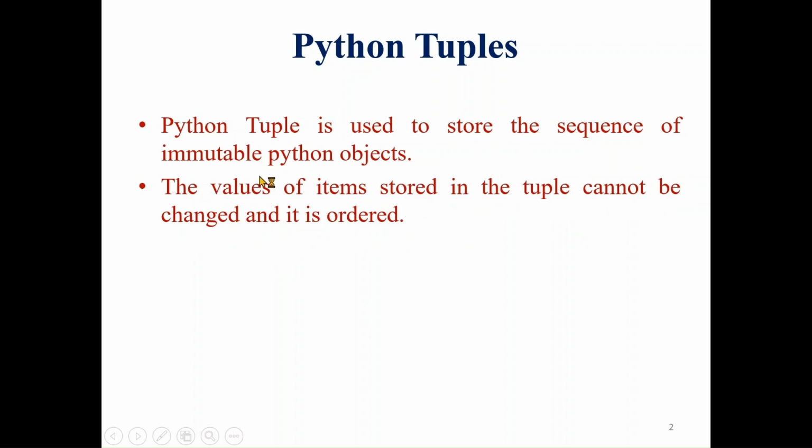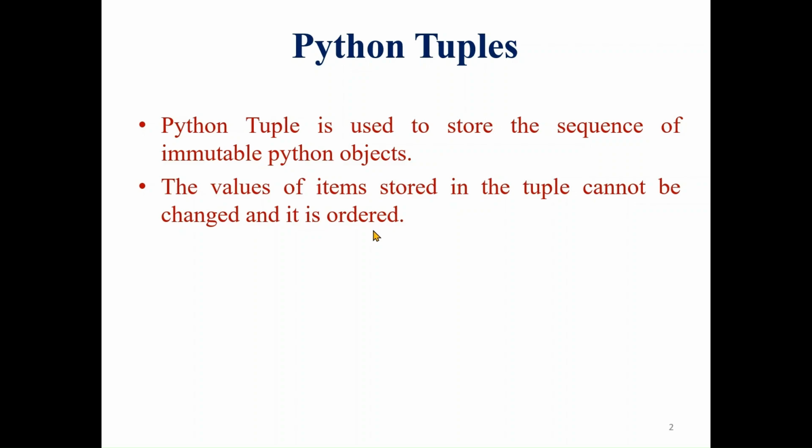So as I was saying, immutable, we cannot change the tuple values, and it is ordered. That means if you frame a tuple in a sequence such as 1, 2, 3, 4, 5, 6, you will get the output in the same order. Some data structures, like dictionaries and sets, are unordered, where the items are not displayed in the order you have given.